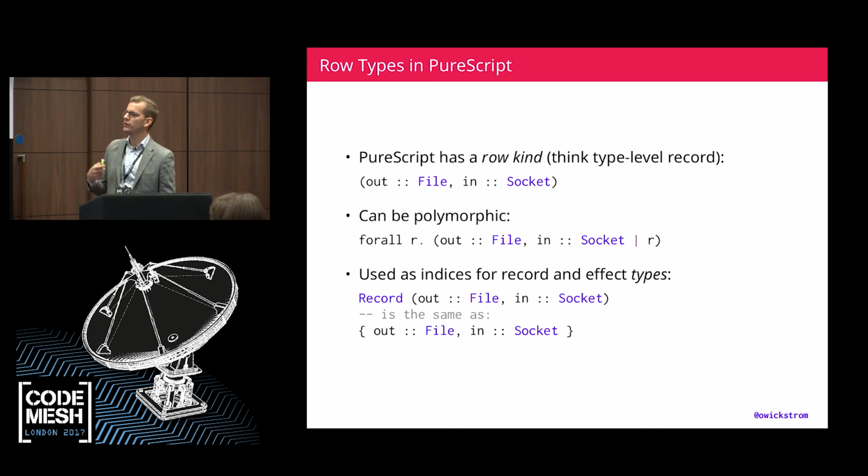This is a closed row, and they can also be polymorphic. So in the second example, we see a row that has at least out and in, and possibly more in this r row variable. And these are used in PureScript as indices for record types and for effects. So here we construct a record type using a row, and that's the same as the syntactic sugar below. That's the same type.